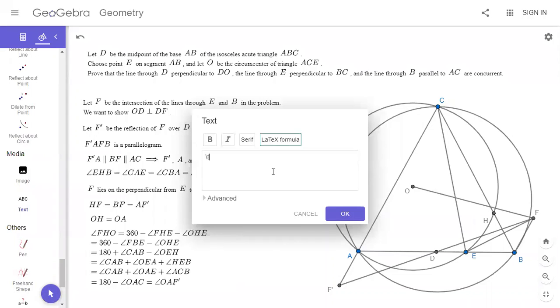So triangle OAF prime is congruent to triangle OHF.